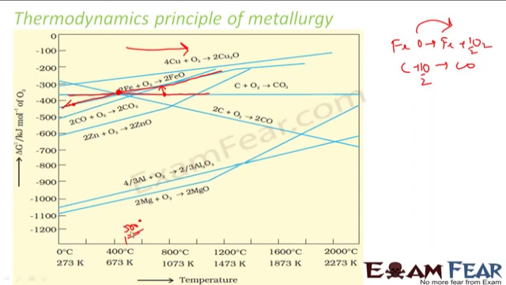So you can say that typically 500 to 900 is the temperature we use for reduction of iron oxide using carbon. Correct? So this Ellingham diagram also helps us to find the temperature at which a particular reducing agent can be used to reduce a particular metal oxide.